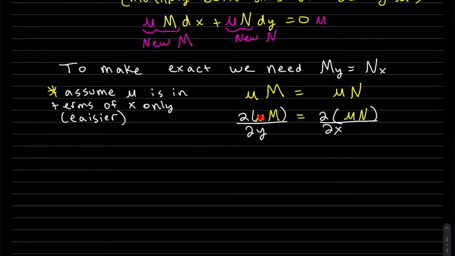So if mu is only in terms of x and we're taking the partial in terms of y, we do not have to do the product rule. It is just mu. Over here, N is in terms of x and y, and we're taking the partial in terms of x.